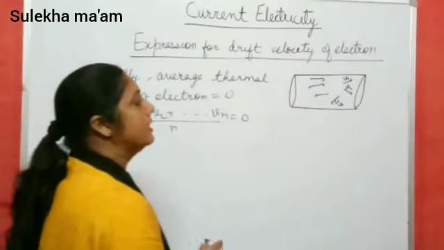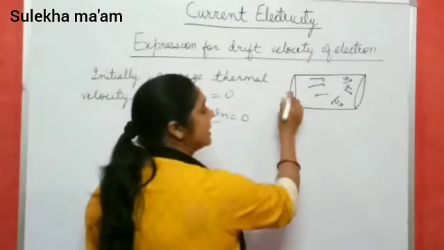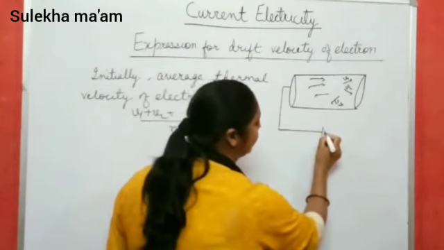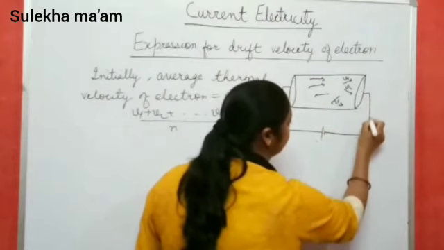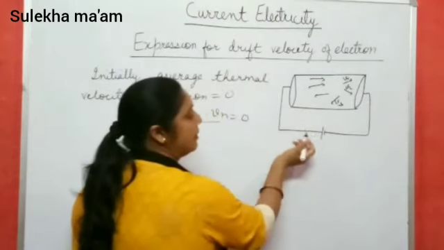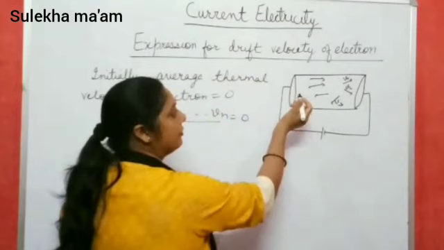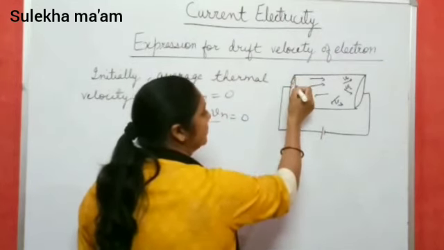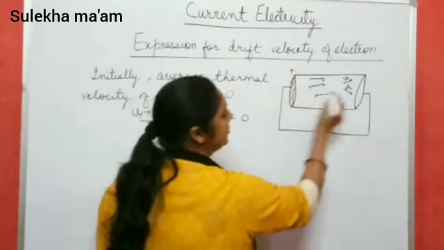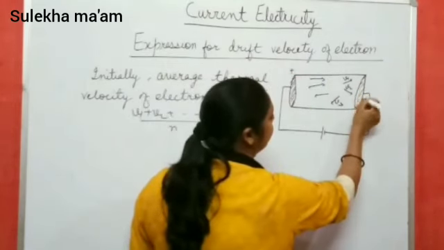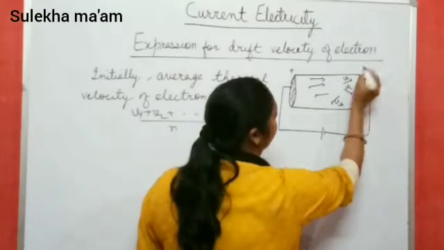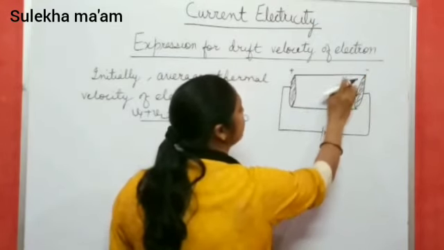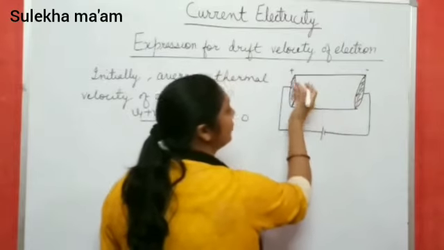After this, second case: when this conductor is connected to a battery, then what happens? Under the application of electric field due to this battery, this end of the conductor becomes positive and this end becomes negative, and all the electrons inside the conductor start moving towards the positive end.